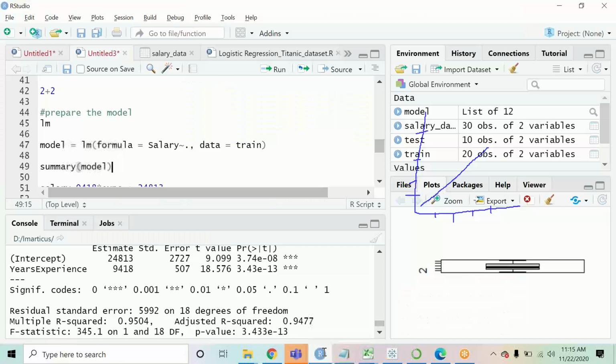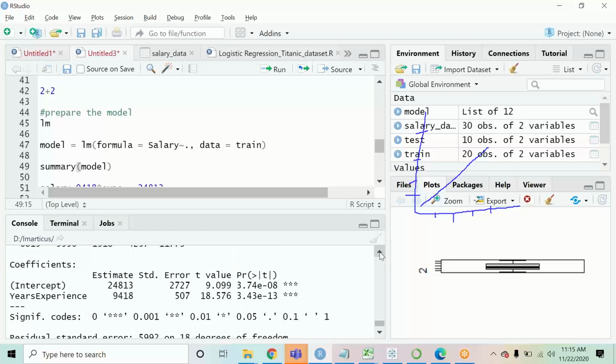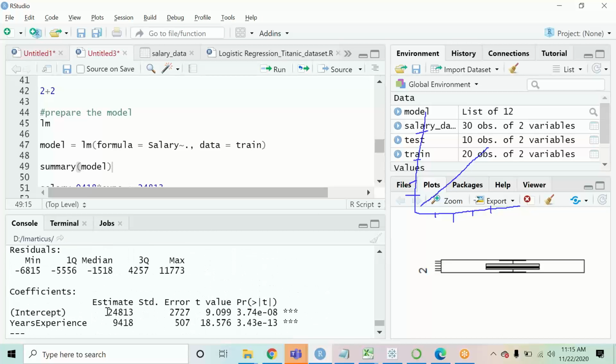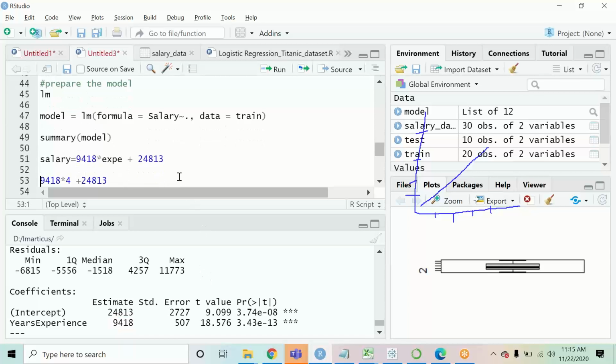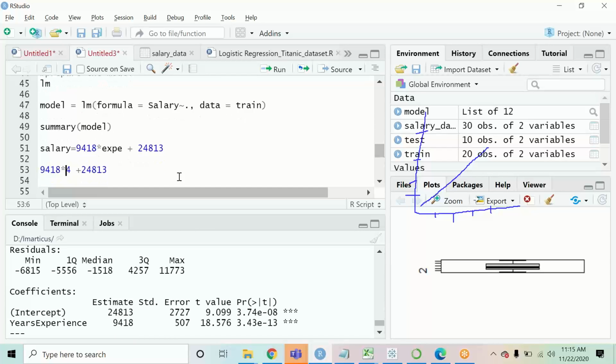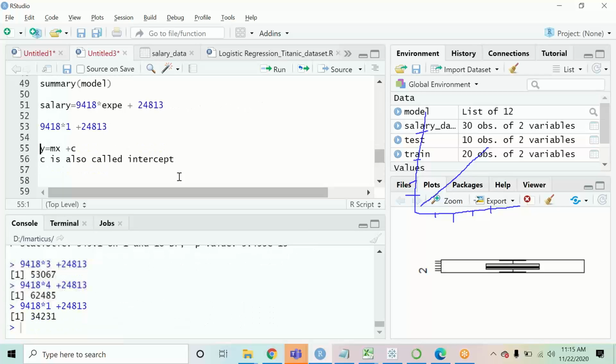If I show you the model, it is telling me the value of the constant and the value of m. If Nandini has 1 year of experience, her salary will be, let me show you, 34,231.